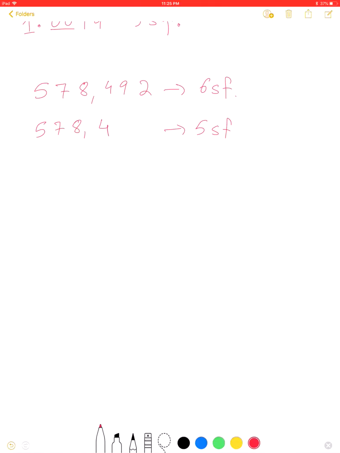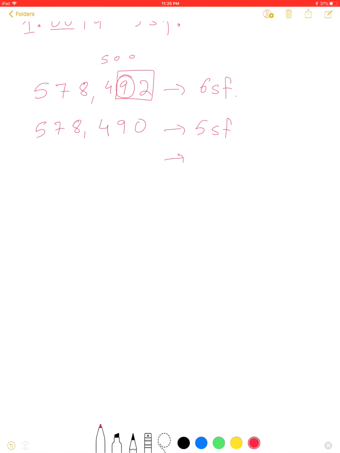But now the debate is whether this 9 is going to stay 9 or whether we will add 1 to it, in which case the last 3 digits will become 500. Since we have a 92 here, which is definitely closer to 90 than it is to 100, that means this 9 will stay as it is, and here we have this number rounded off to 5 significant figures.